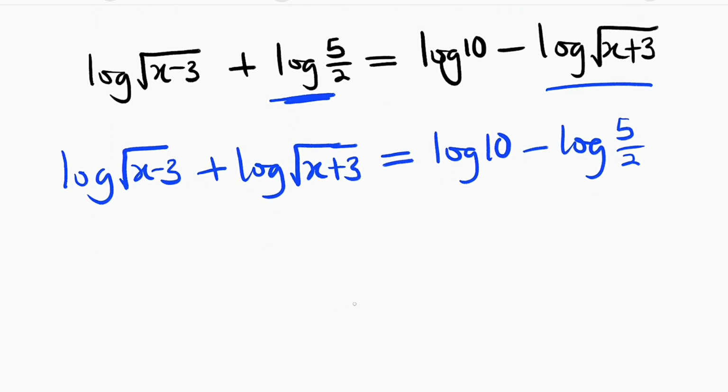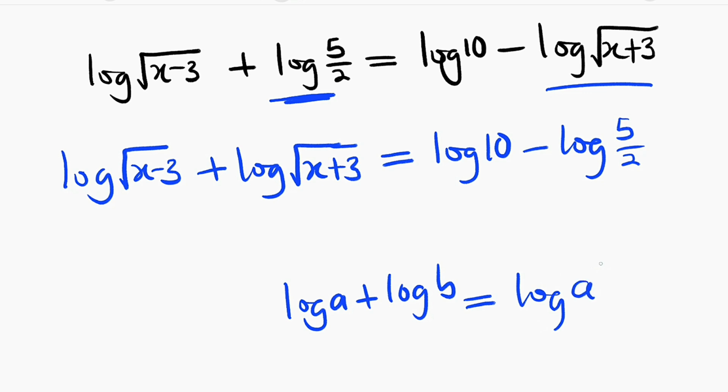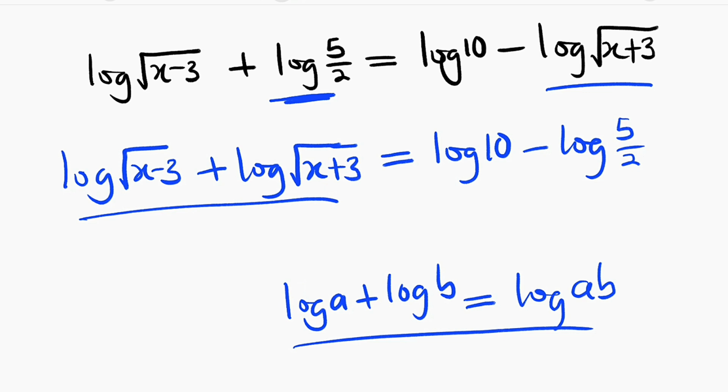And remember this law, which states that if you have log a plus log b, provided that they have common bases, you can always assign them a single log and multiply their arguments a, b. So we are going to apply the same thing to simplify this.